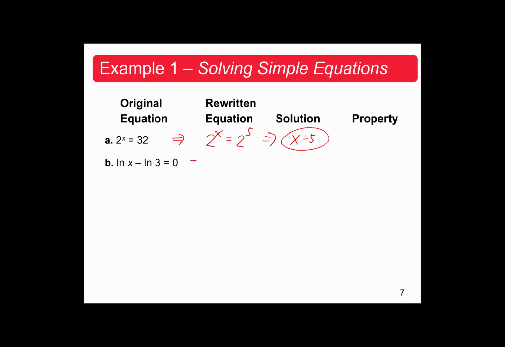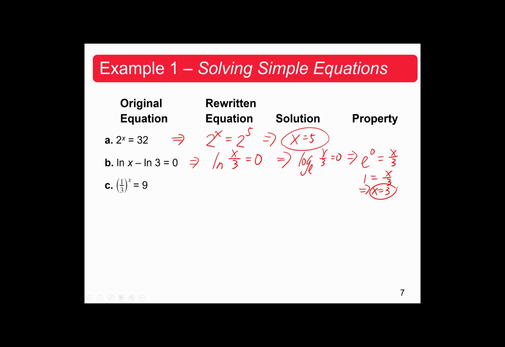Secondly, subtraction becomes division, ln of x over 3 is equal to 0. Now turn it back to the exponent, logarithm base e. That means e raised to the 0 power equal x over 3. So e to the 0 is 1, x over 3 equal to 1, then x equal to 3.